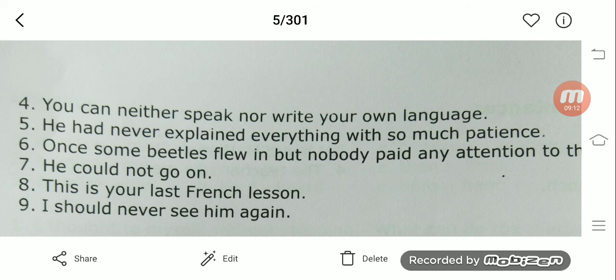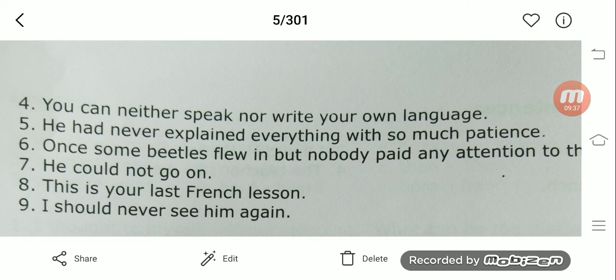Next one. "He had never explained everything with so much patience." He is there and never is also there, so you have to write in a positive way. How are you going to write? Had he?